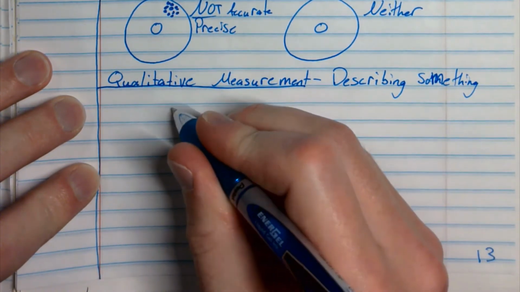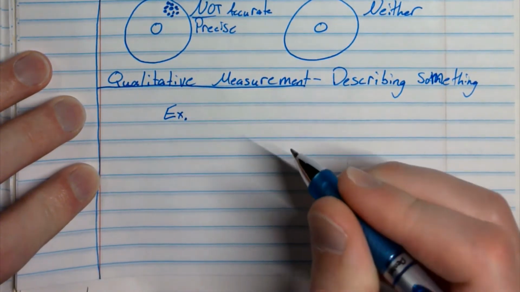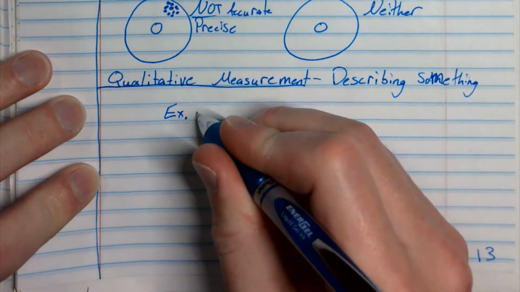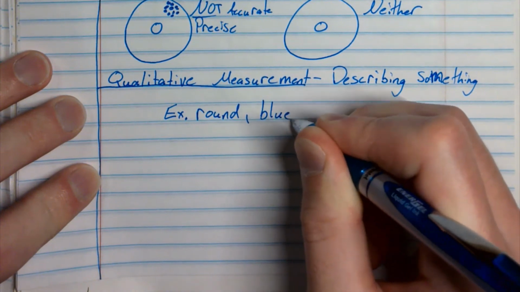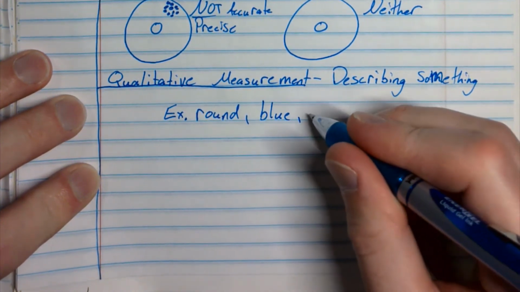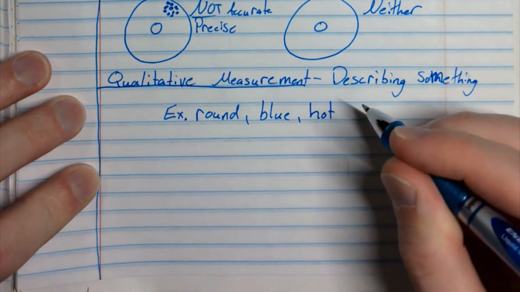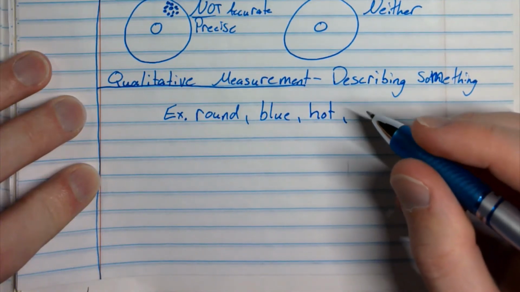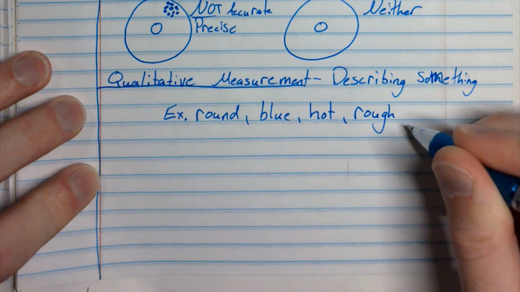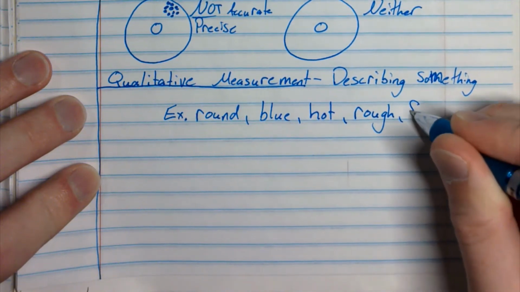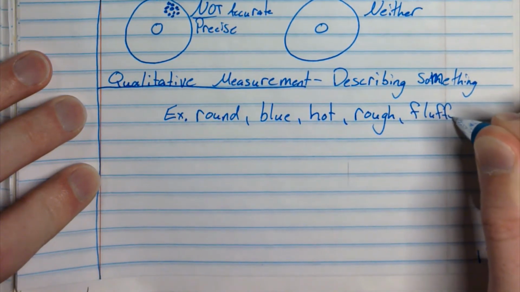Let's write down some examples because I think that will be helpful. So, round, blue, the color of it, temperature, but not like a number temperature, so hot or cold. I liked fluffy. I thought that was a good describing word.